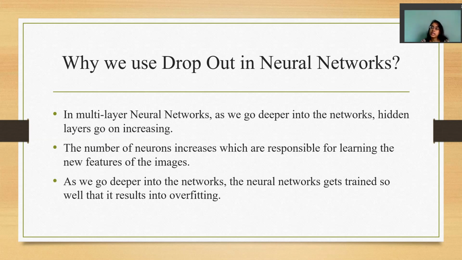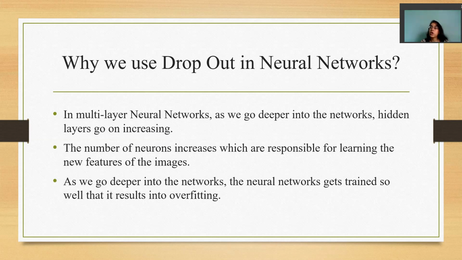Overfitting actually means that when our neural networks become so deep, and as we go deeper throughout the neural networks, the training becomes so well or so perfect that it results in a wrong prediction of the output. So it actually produces a negative impact on the output.